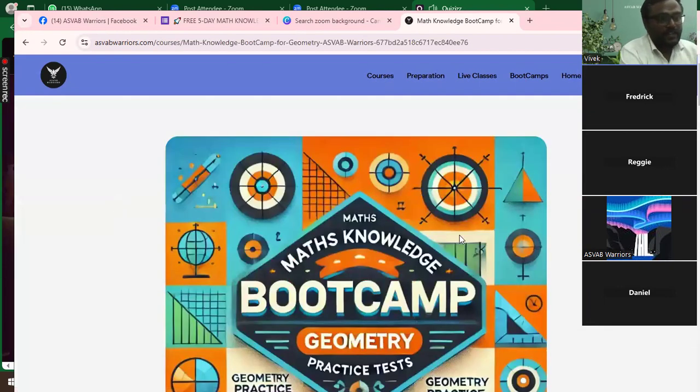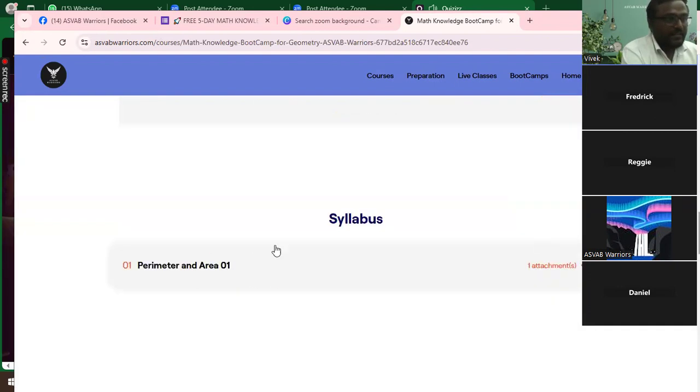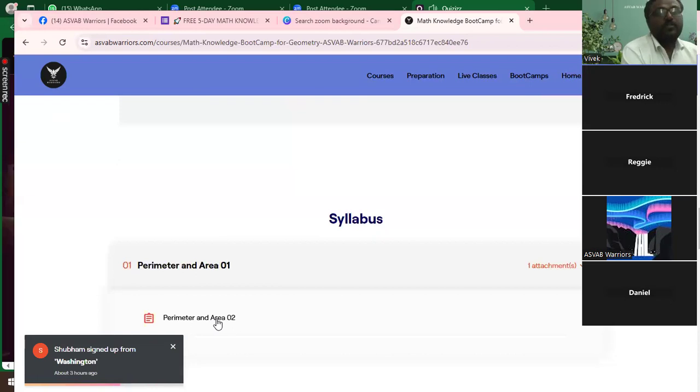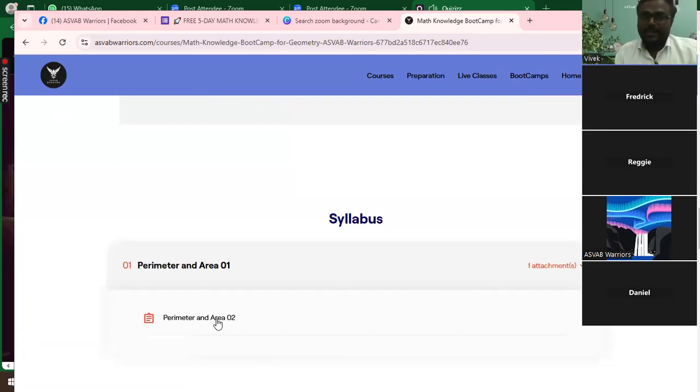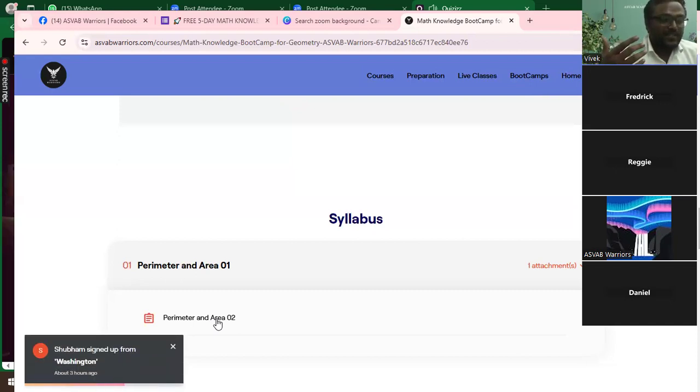You need to sign up, and there are two practice assignments that you need to solve before tomorrow's class. If you complete these two practice assignments, your area and perimeter will be awesome, and it will be interesting for the second class as well.